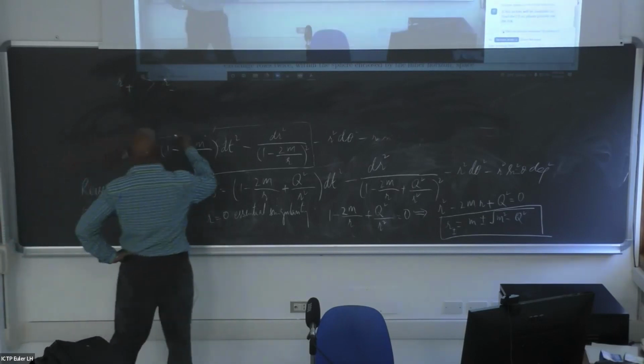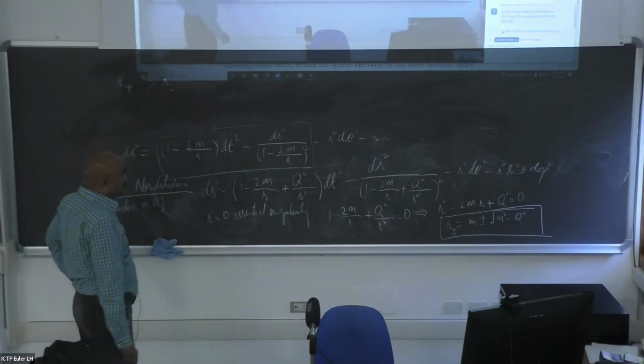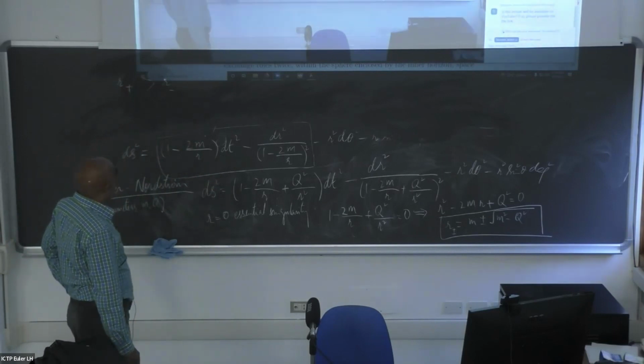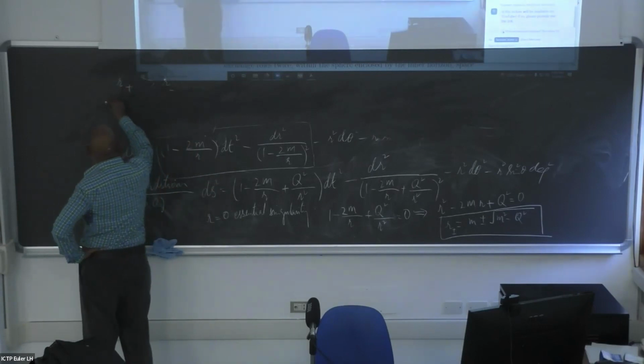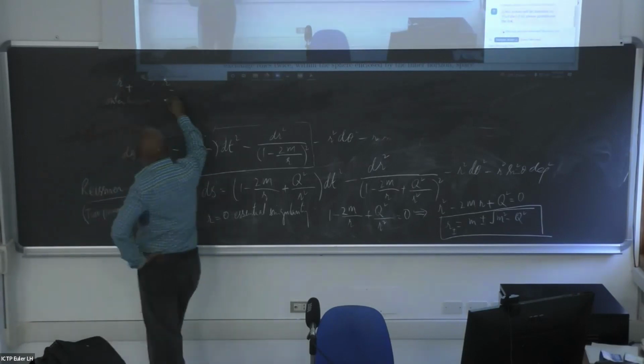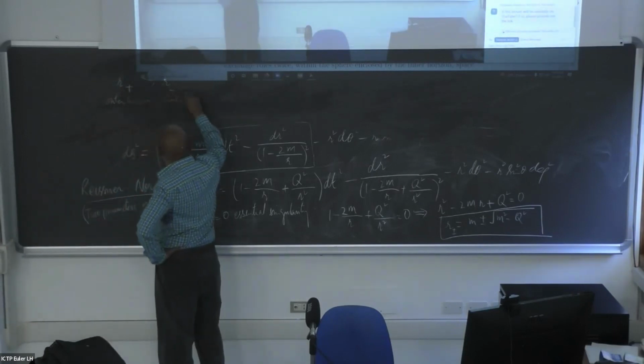So the greater one is called the outer event horizon, the outer horizon, and this is the inner horizon.